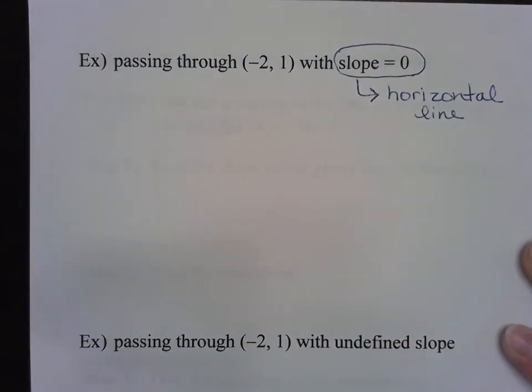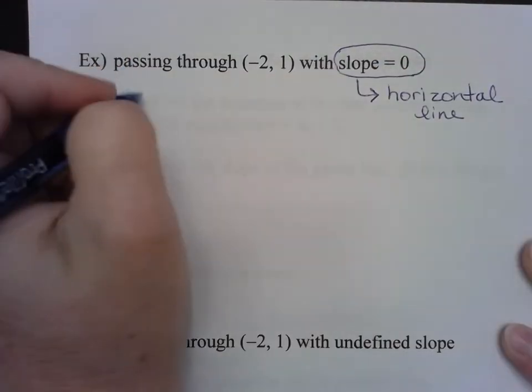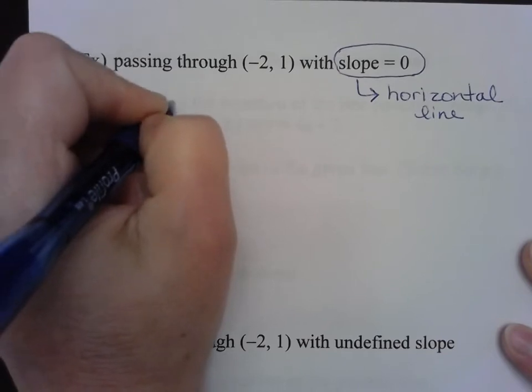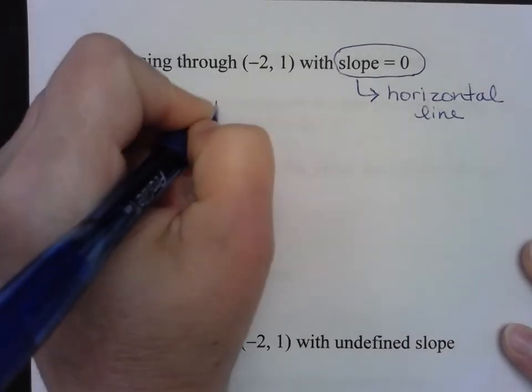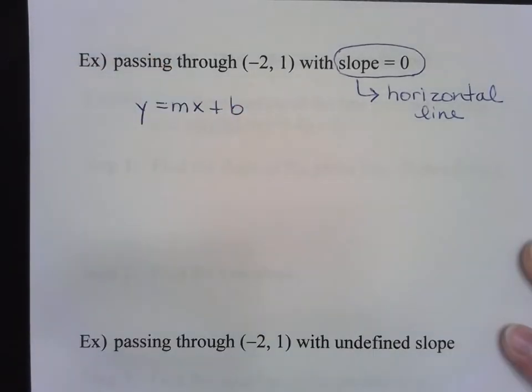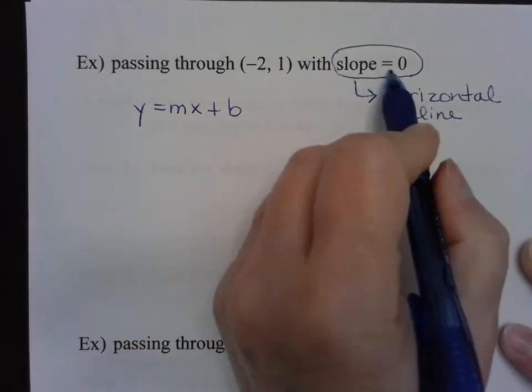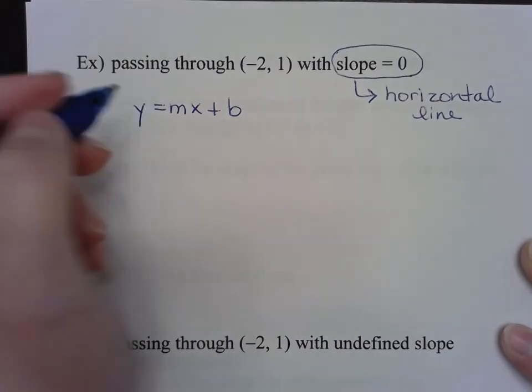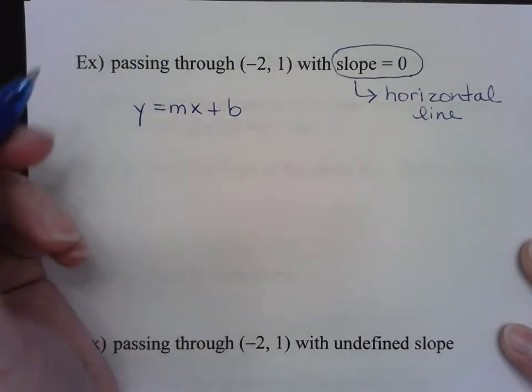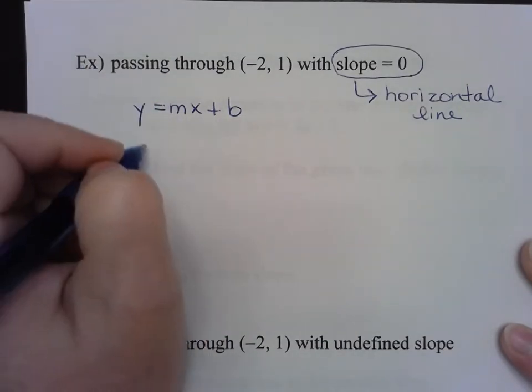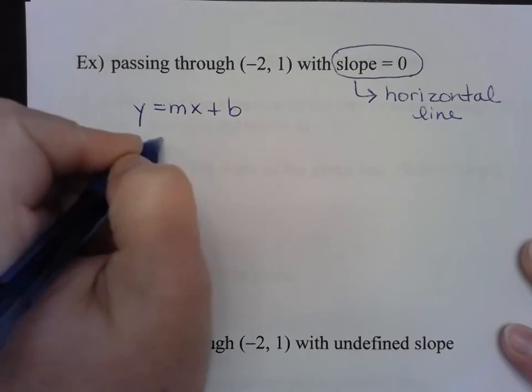Okay, the cool thing about a horizontal line is it still fits in with the mx plus b. Or you could use the point slope. This is our slope, m. And 0 is a number, so I can plug in 0 there.